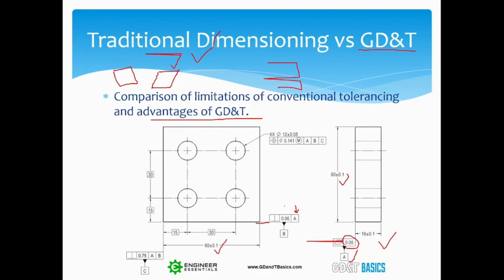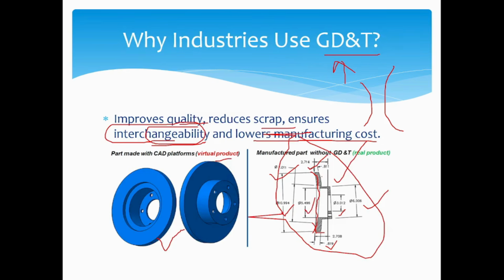Also, this face C is in perpendicularity of 0.75 mm with respect to A and B. So these are the dimensions which come under GD&T, which help to have a perfect part and not this kind of bulge as shown in the previous slide.